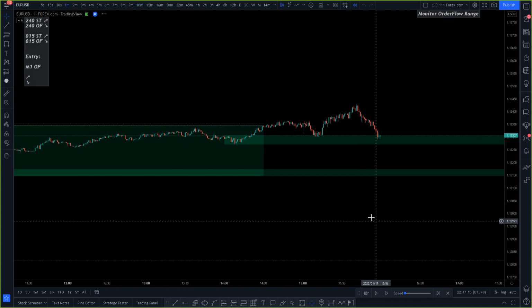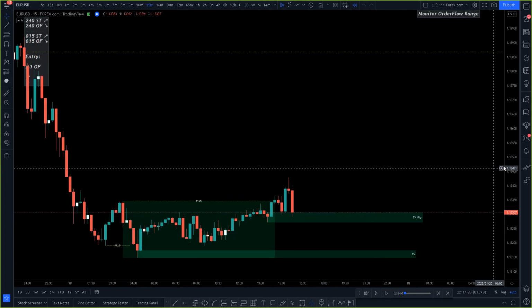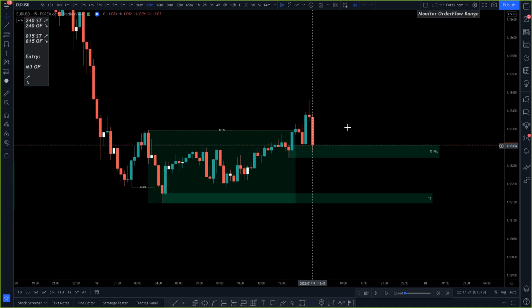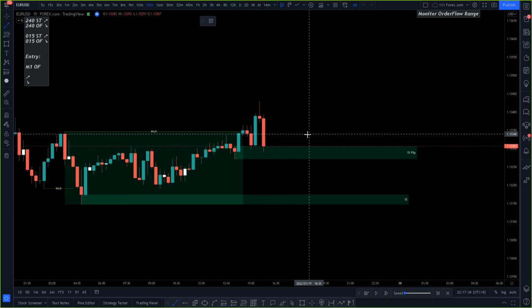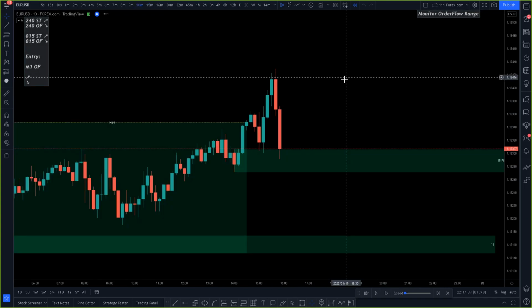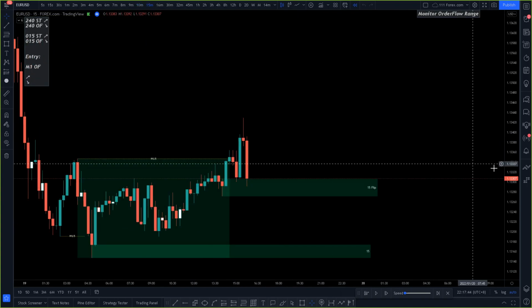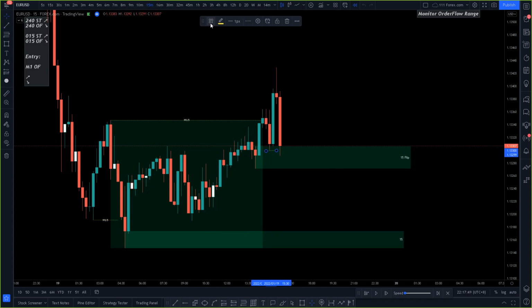So right here, now I understand why this is my liquidity, because this has already broken the range. This is the mitigation, but the mitigation hasn't mitigated 50% of this sell to buy, so it may be used as our inducement. And so this is my inducement.